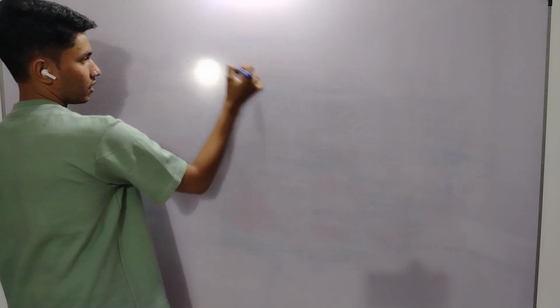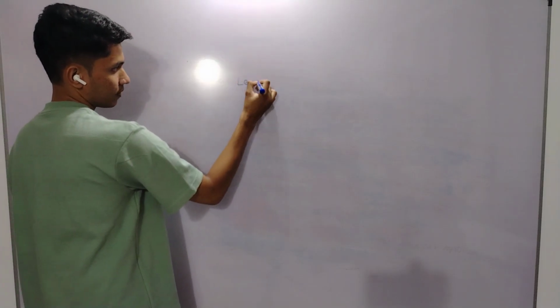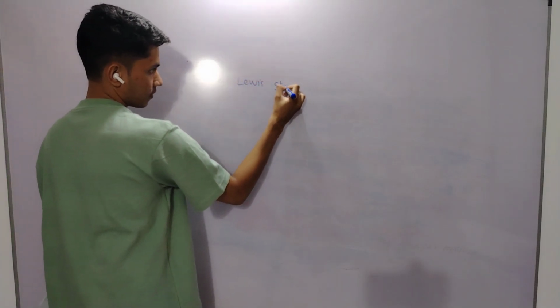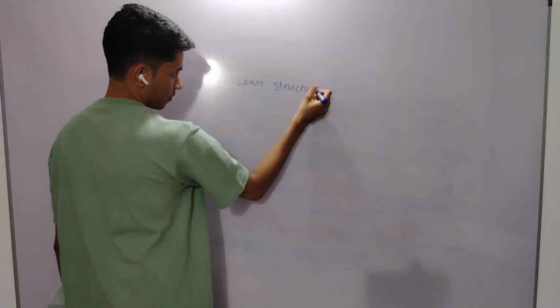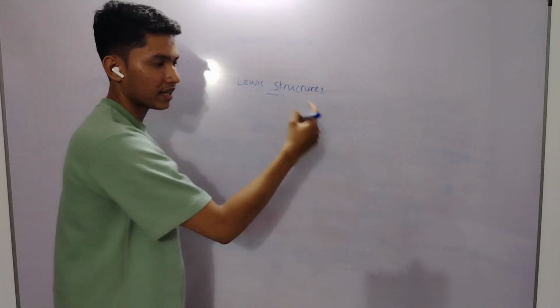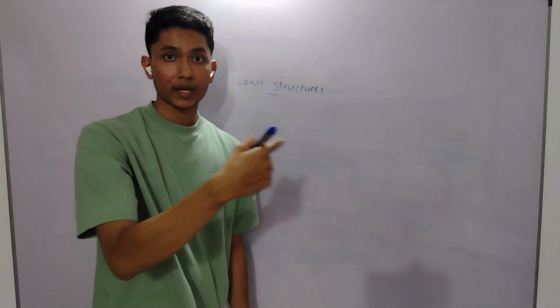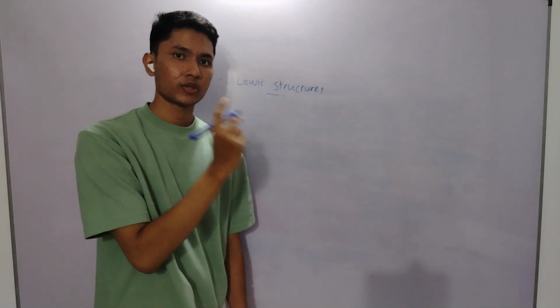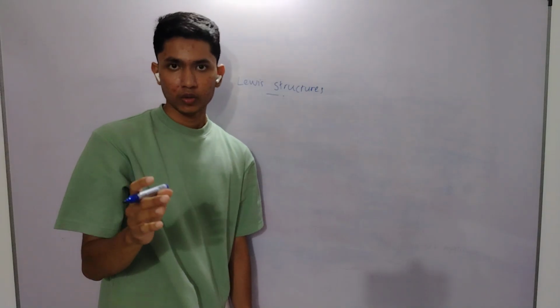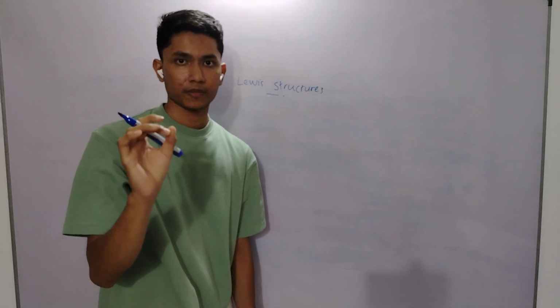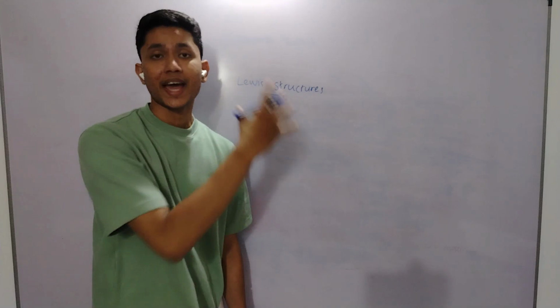Now we are going to discuss Lewis structures. Lewis structure is the other name for Lewis dot-dash structure. So if I say draw the Lewis structure for this, what you should do is draw the Lewis dot-dash structure.